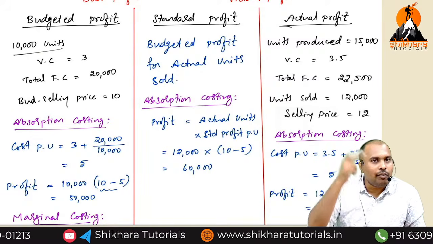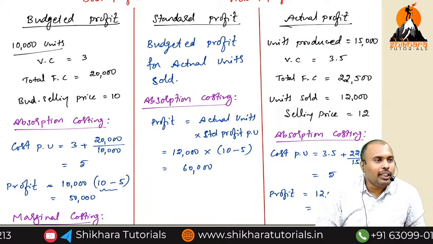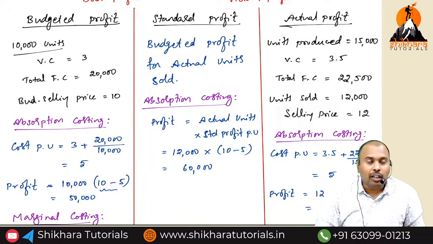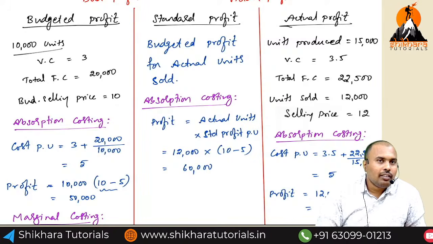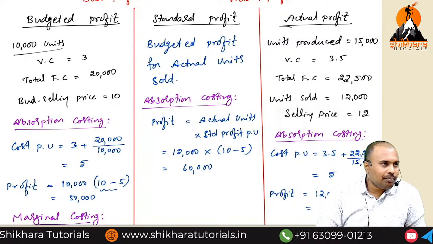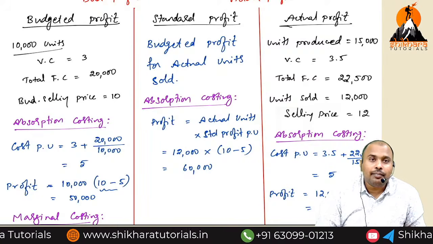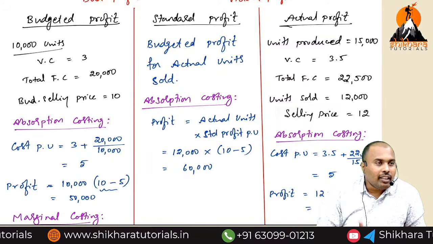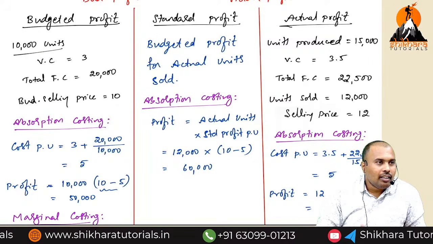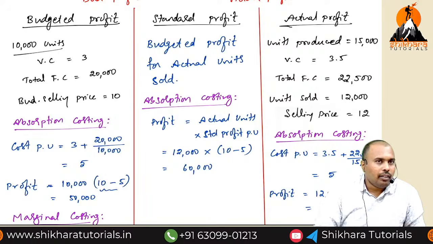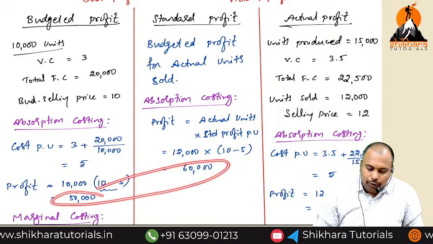Standard sale value is always for actual production: 12,000 into 10, which is 1 lakh 20,000. How much is the difference? 20,000 rupees is the difference in sale amount due to volume. But profit is changing by only 10,000 rupees, right?